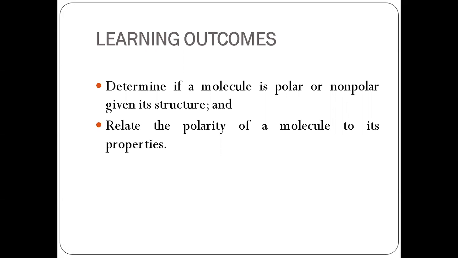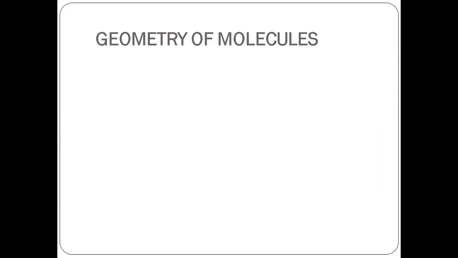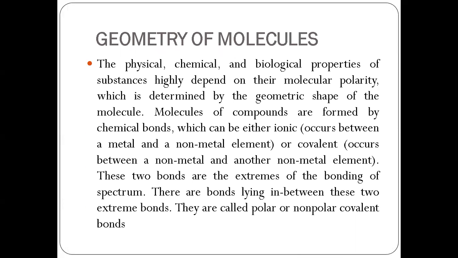Okay, so let's proceed. We have here the geometry of the molecule. Kahit pala sa science, no sir, merong geometry. Ano ba yan? So, the physical, chemical, and biological properties of a substance highly depend on their molecular polarity, which is determined by the geometric shape of the molecule.